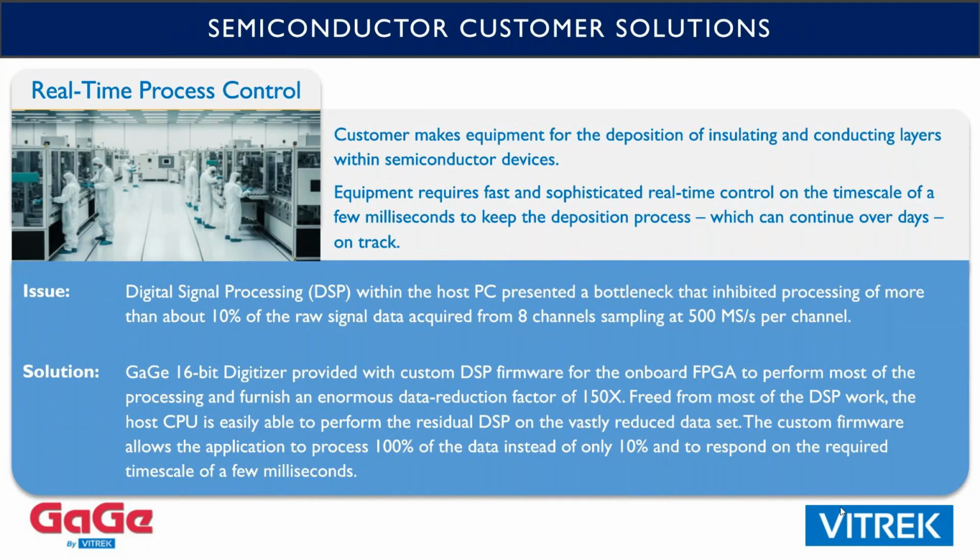Another angle of this real-time application that isn't obvious and isn't relevant in post-processing applications is the data latency. How fresh is the data? Because if the data is too old and you're trying to control the process on it, you might be closing the barn door after the horses left the barn.